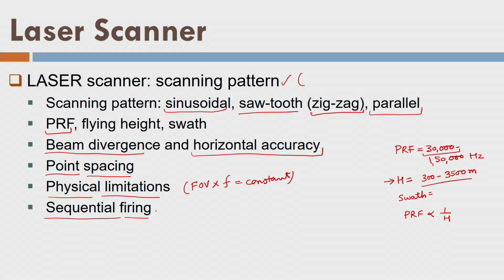So, if I need to provide each pulse with higher energy so it can travel a larger distance or larger flying height, what will happen? Automatically the number of pulses will be less if I increase the flying height. So, you should understand these two fundamental reasons. So, what is the impact of the sequential firing here? Okay. So, now we have understood the characteristics of the laser scanner.